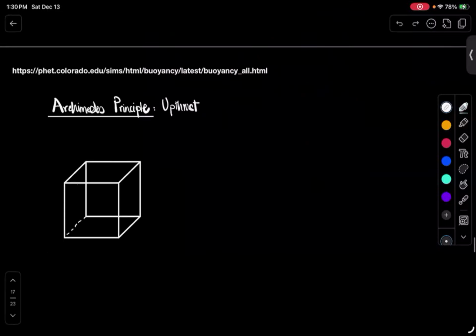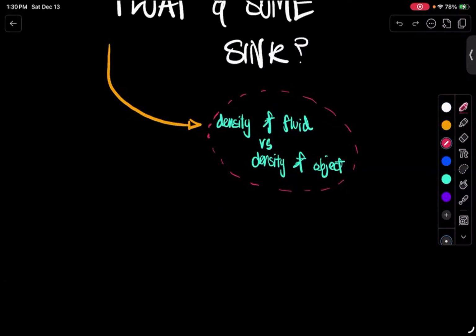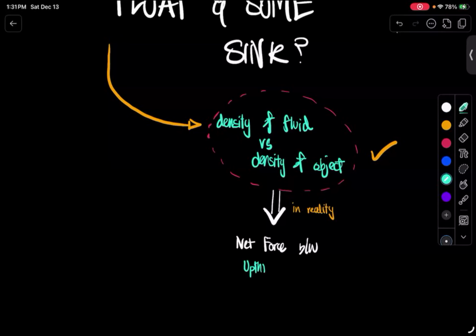We will try not to do the entire derivation today, but I'm going to show it to you in a nice way. Now, the density of the fluid versus the density of the object. If you zoom in a bit more and look into a bit more physics, this is also correct: in reality, it is the net force between upthrust and weight.